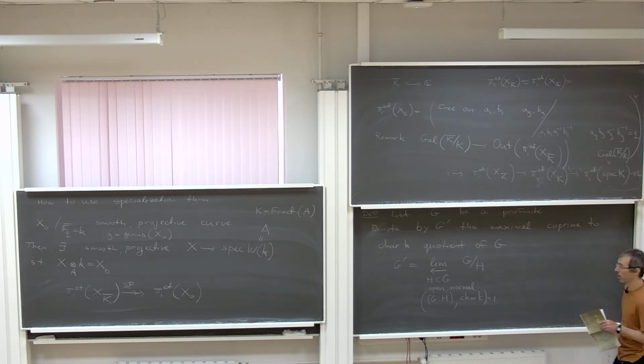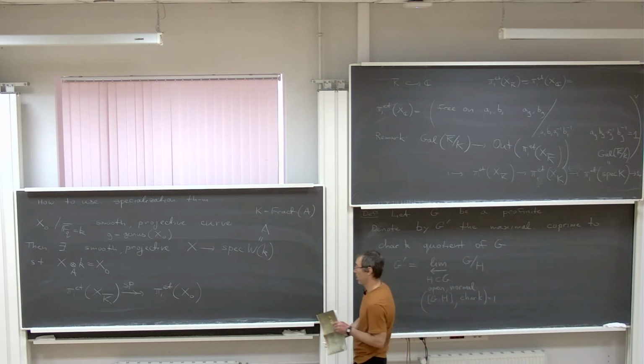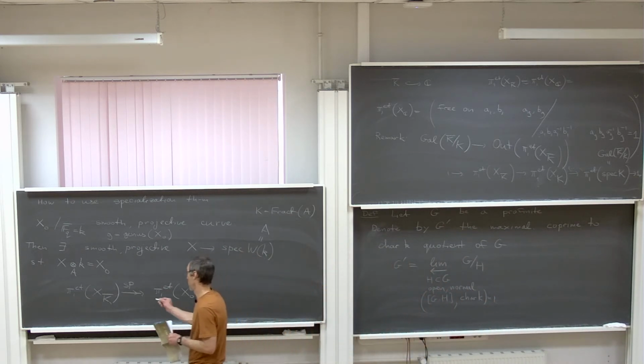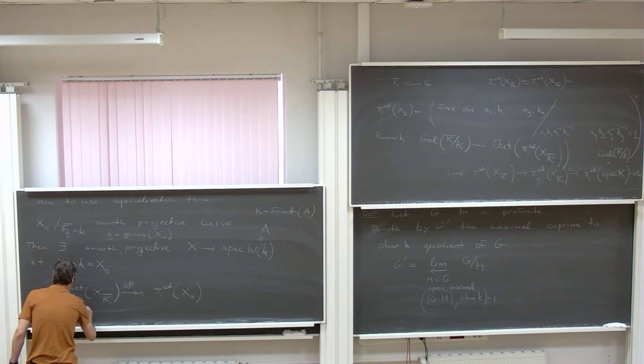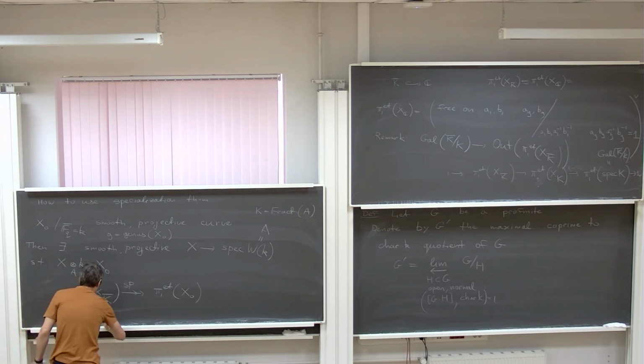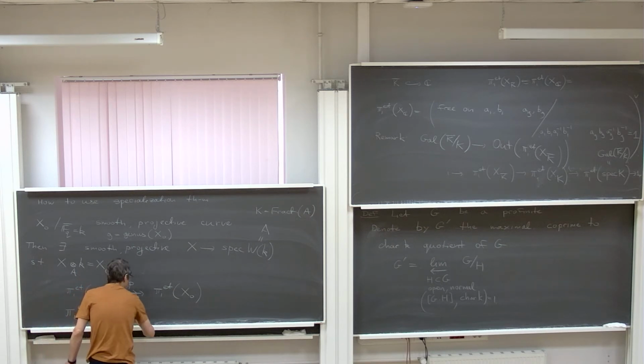With this notation, the main theorem that we proved is that this map induces an isomorphism on coprime to characteristic quotients.